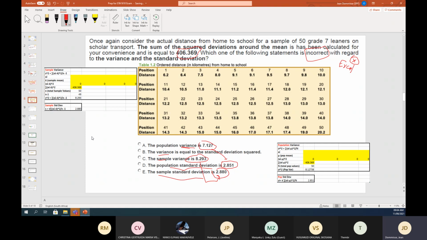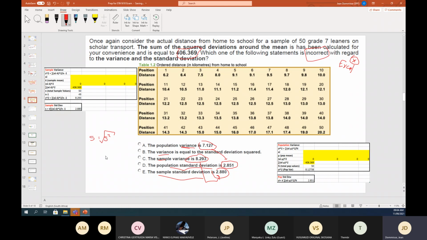Okay, so if I look at the sample, your sample standard deviation is equal to the square root of the variance.